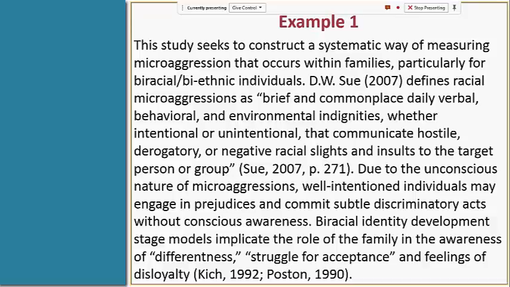Due to the unconscious nature of microaggressions, well-intentioned individuals may engage in prejudices and commit subtle discriminatory acts without conscious awareness. Biracial identity development and stage models implicate the role of the family in the awareness of differentness, struggle for acceptance, and feelings of disloyalty.